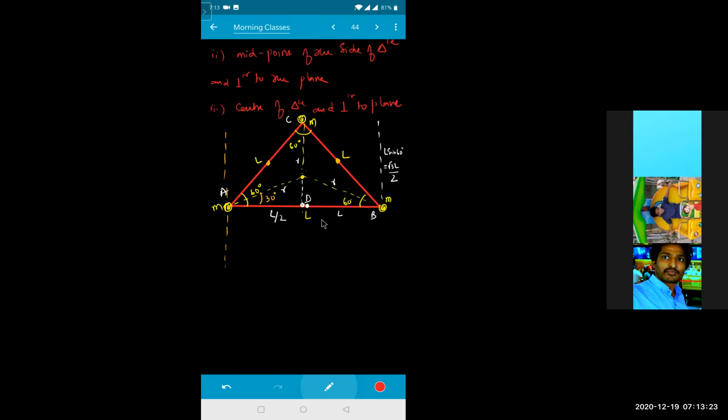In this same figure, if I am taking one more question, call it number B, it will give me the answer for this one. The moment of inertia about an axis coinciding with the side of the triangle. This is the first question. And number 2, about the median of the triangle. Read the question again: we need to calculate the moment of inertia about an axis coinciding with the side of the triangle.